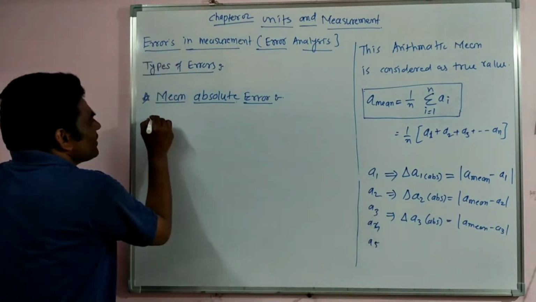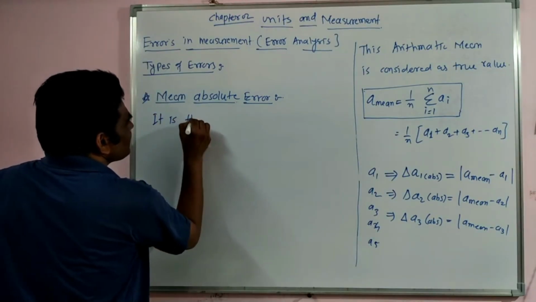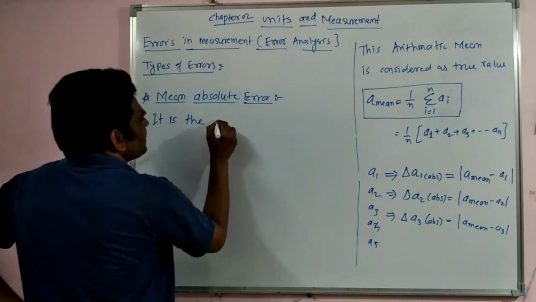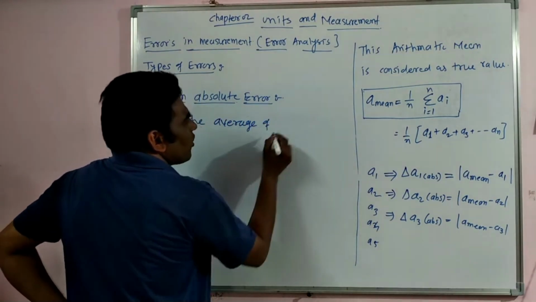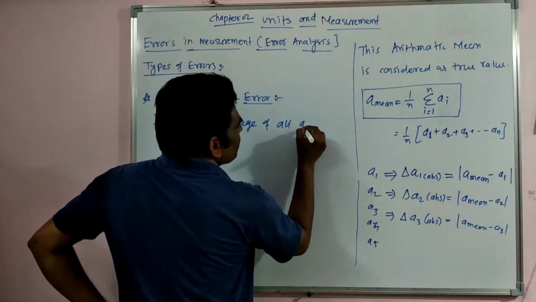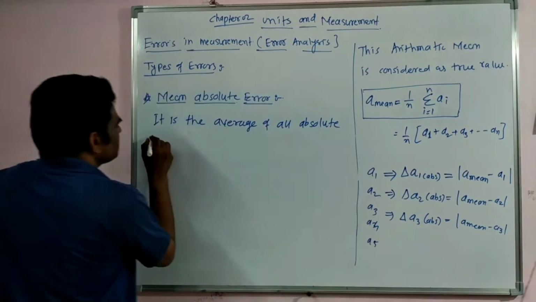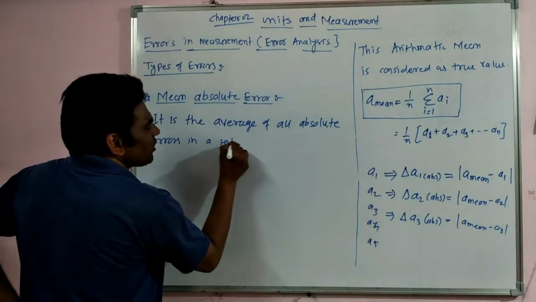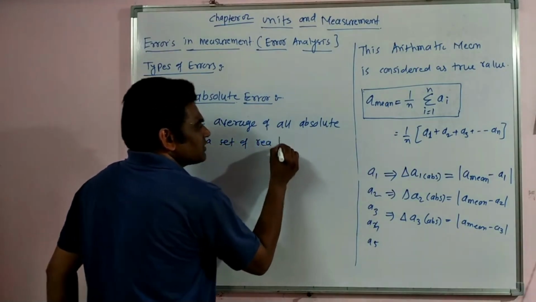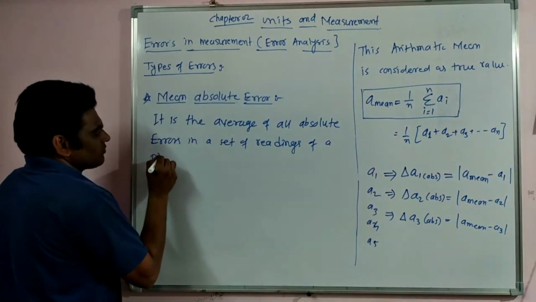Okay, so it is the average of all absolute errors in a set of readings of a physical quantity.